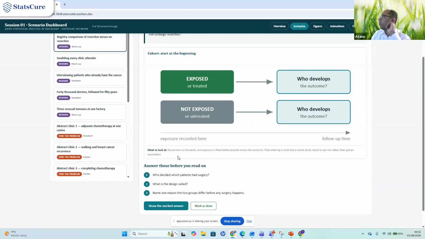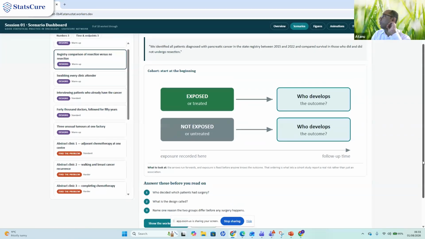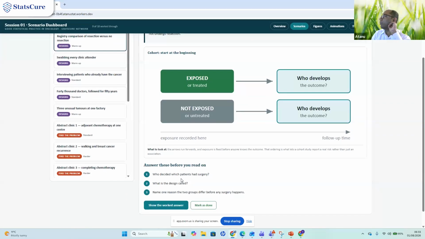The arrow runs forward. So the question is: who decided which patient had surgery, what is the design called, and name one reason the two groups differed before any surgery happened.